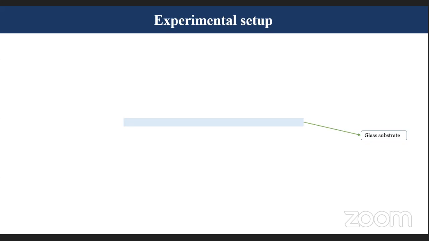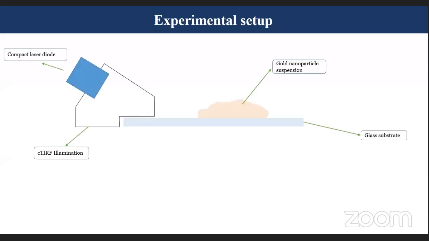We tried observing the diffusivity of gold nanoparticles, which were 10 nanometers in size and suspended in water. So this was the setup. You can see that the gold nanoparticle suspension was kept on top of the glass substrate. This is the illumination setup which has been kept over here, and the gold nanoparticles were in suspension.